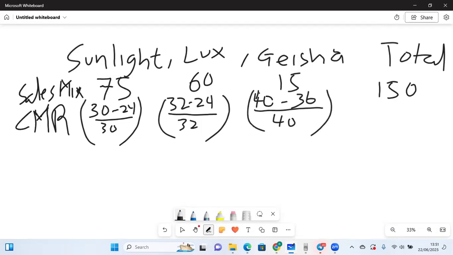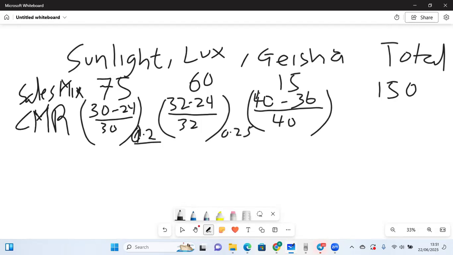Now we get the contribution margin ratio for the first one: 6 divided by 30, which gives 0.2. The next one is 8 divided by 32, and we get 0.25.